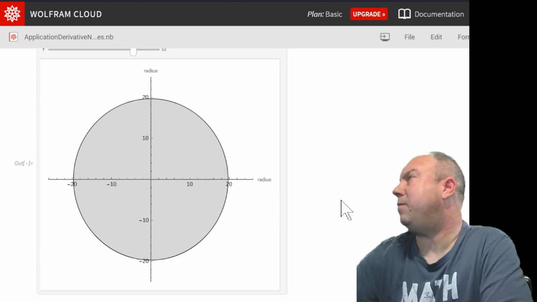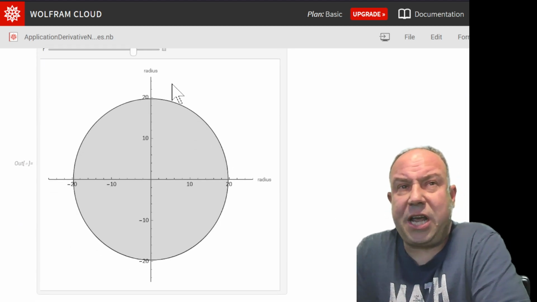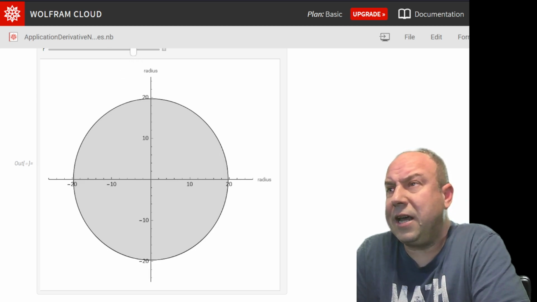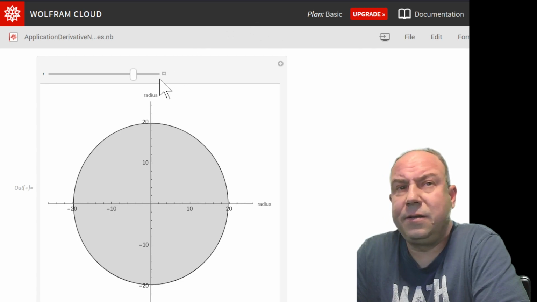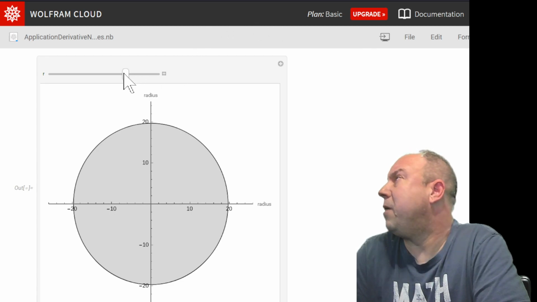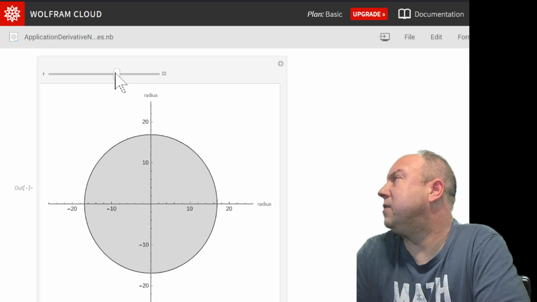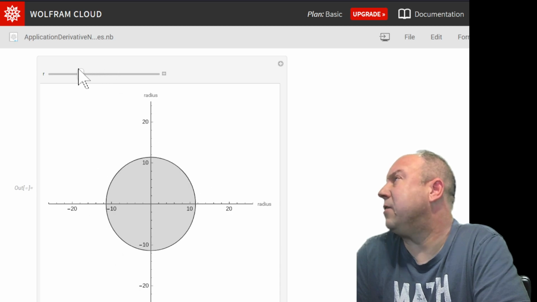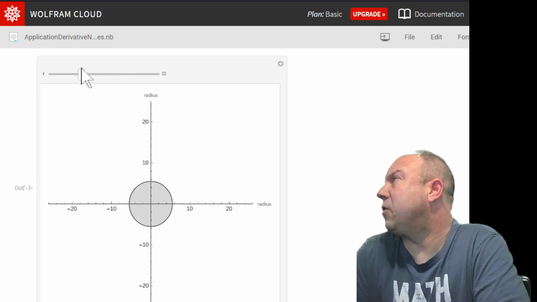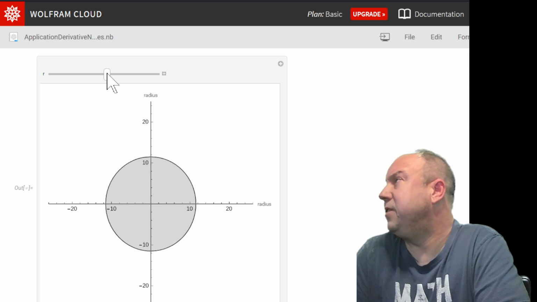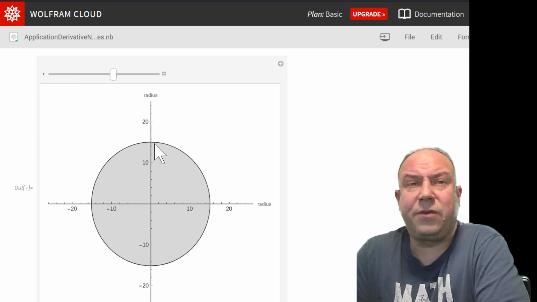Here I have a circle where I can change this circle's radius. Let me scroll up just a hair so you can see this. I'm able to change this circle's radius by moving this slider. And as this circle's radius changes, so does the circumference, the distance around the outside of the circle.